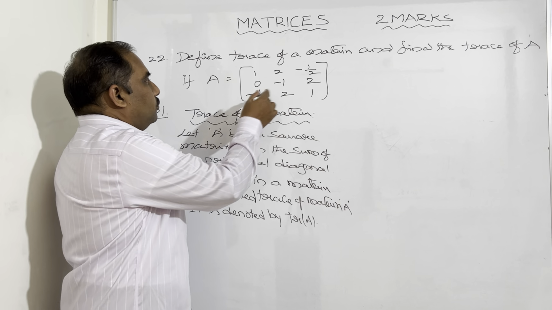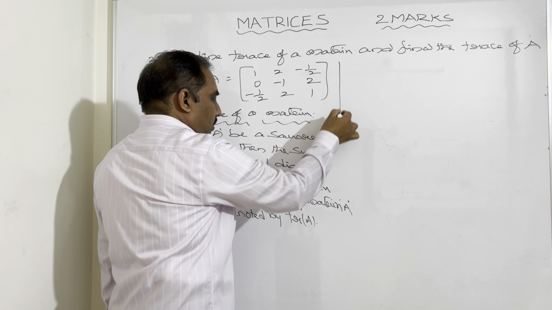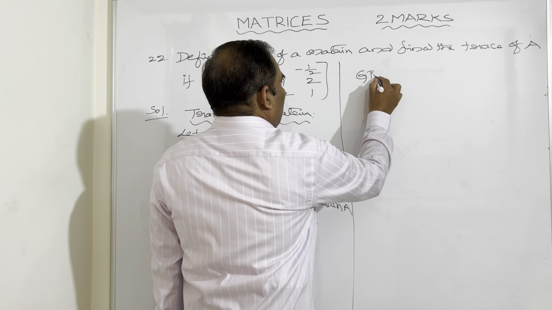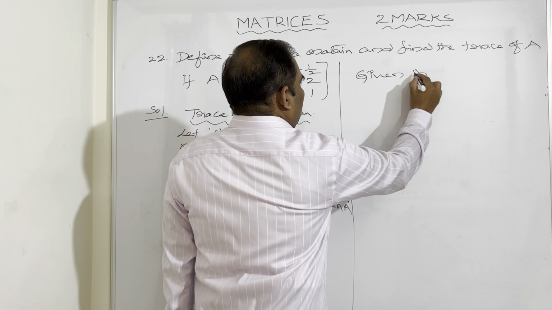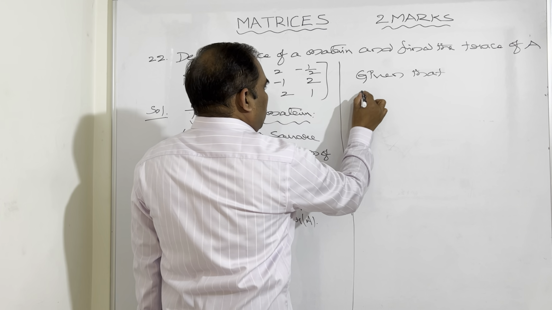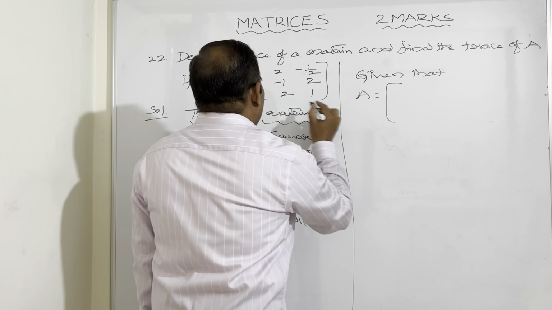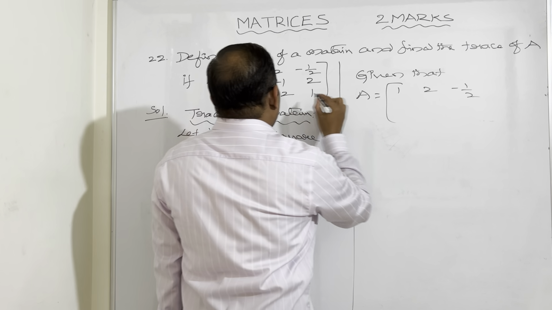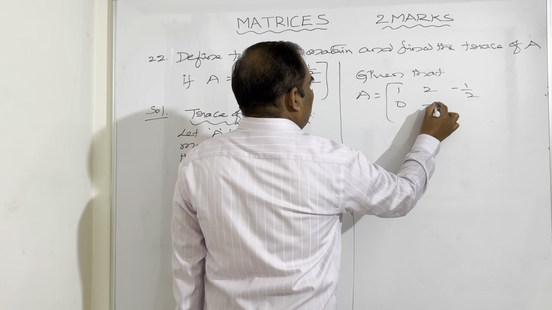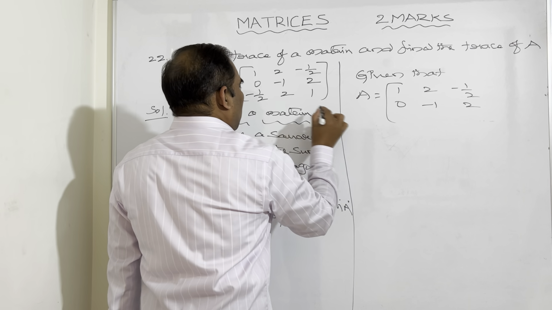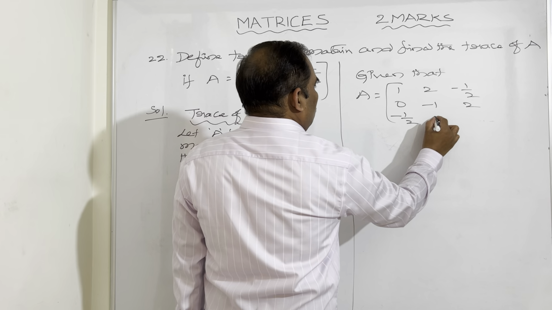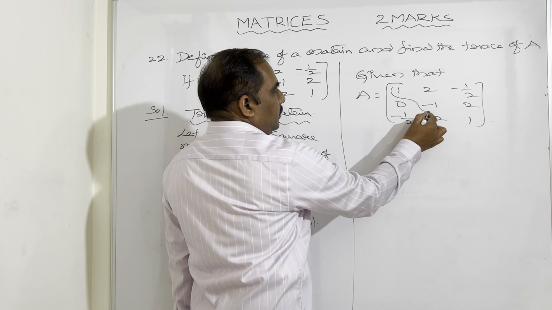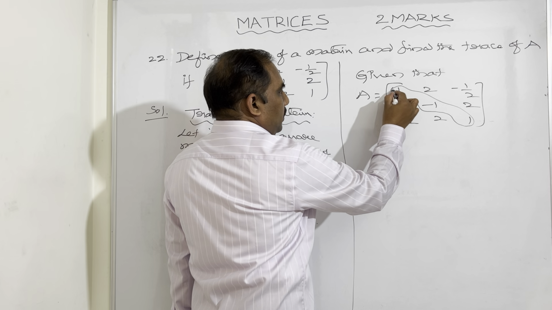Now here we have to find the trace of the given matrix. Given that matrix A is equal to [1, 2, -1/2; 0, -1, 2; -1/2, 2, 1]. This is the principal diagonal.